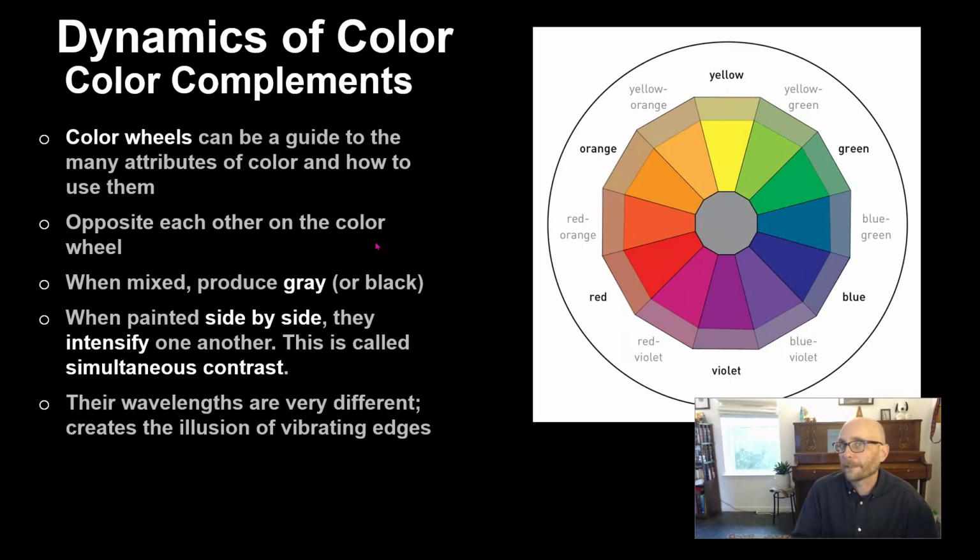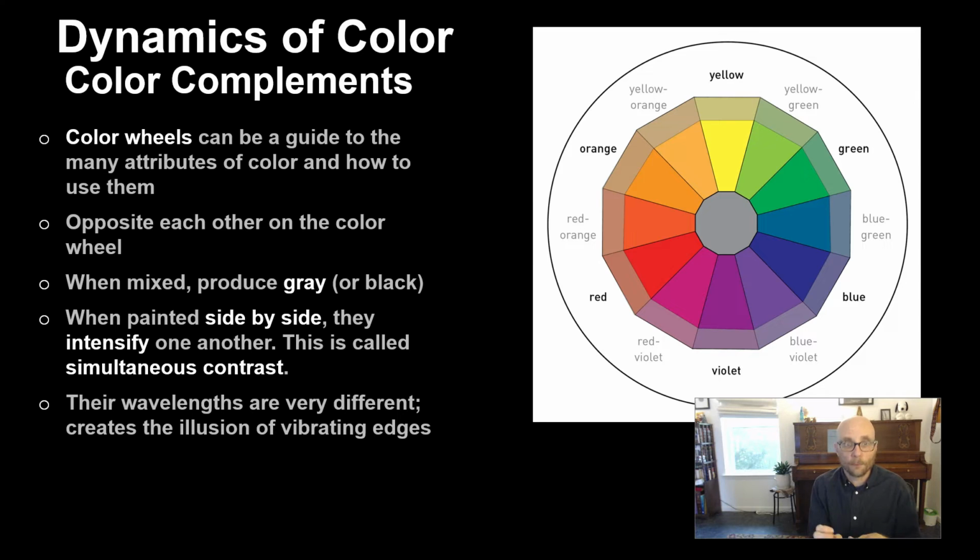Now I want to talk about the dynamics of color. When we look at our color wheel, of course, we can understand what happens when you mix two colors together. So if I mix yellow and blue, the color wheel tells me I get green. But we can also explore what we call color dynamics, color relationships, in other words, with these color wheels.